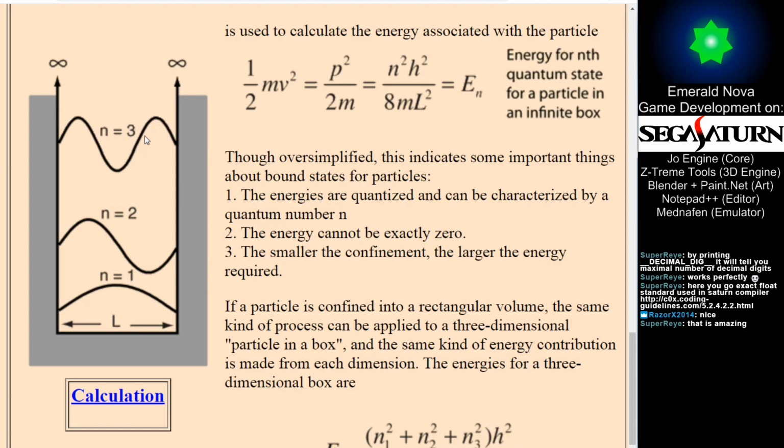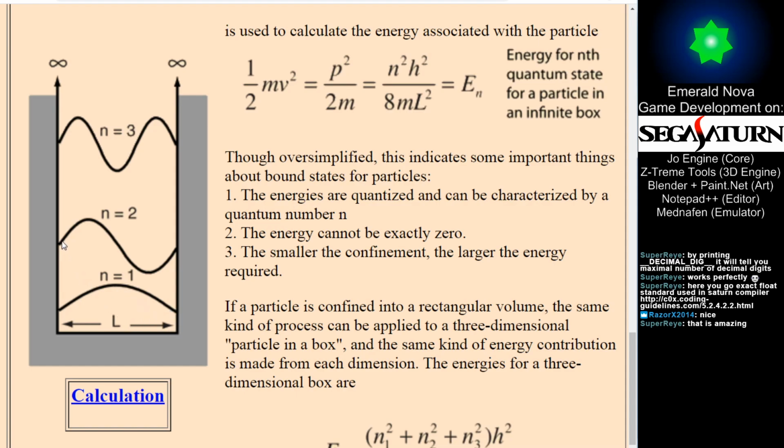In this case, the box's boundaries of infinite potential on the left and the right force this probability function to be 0 on the left and the right, which means our energy levels have to be of this form: n squared times Planck's constant squared divided by 8 times the mass of whatever you're putting in there, in this case the electron, and the width of the box squared. So I put in 1 for n squared. That's that 1 float times 1 float I put in ahead of time. And that gave me n equals 1. That's that bump that we just simulated.